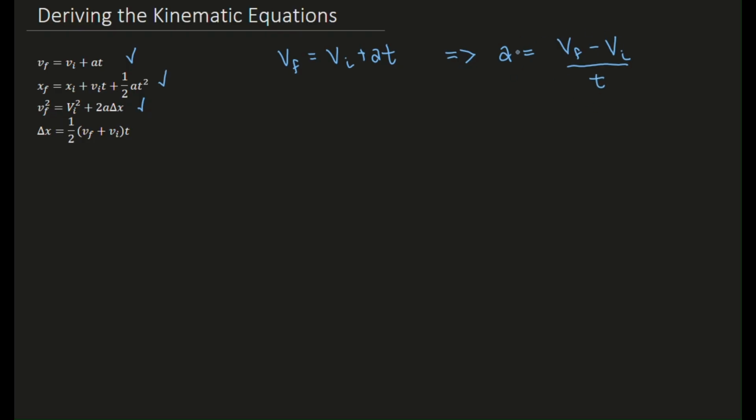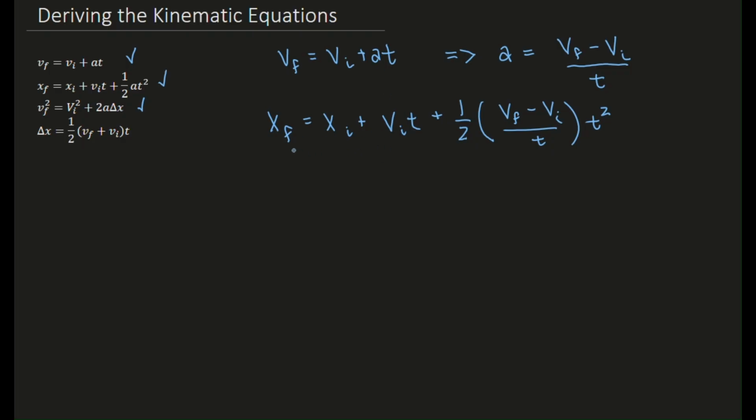And I use this expression for acceleration to plug it into my second equation. So x final equals x initial plus v initial times time plus 1/2, and instead of writing acceleration, I'm going to write v final minus v initial over time, times time squared.